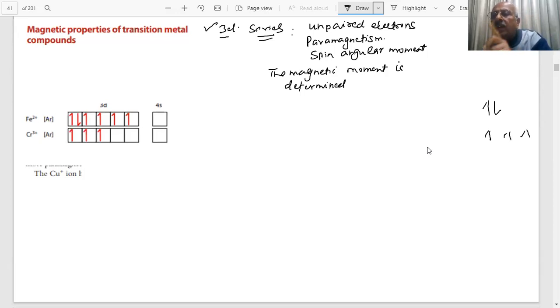It can spin clockwise or anti-clockwise. If there are unpaired electrons, then it behaves like a bar magnet and it will be attracted towards the magnetic field. That's what I'm saying. And the magnetic moment is determined by the number of unpaired electrons.